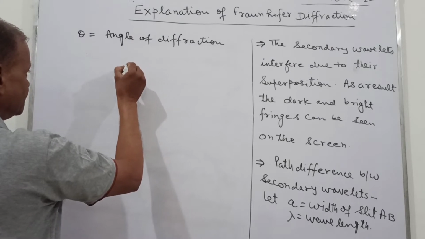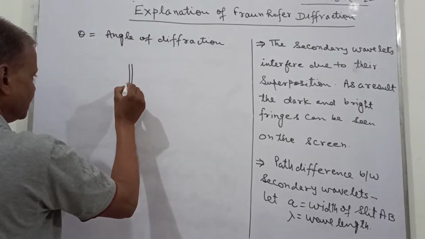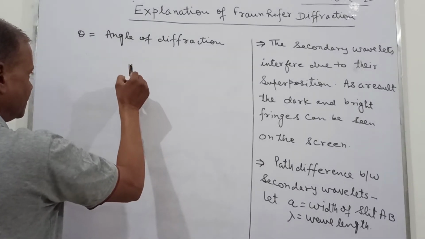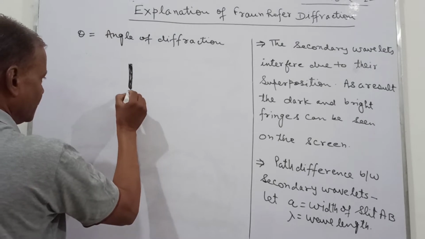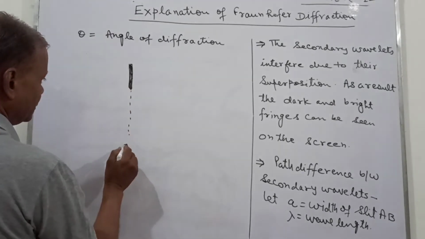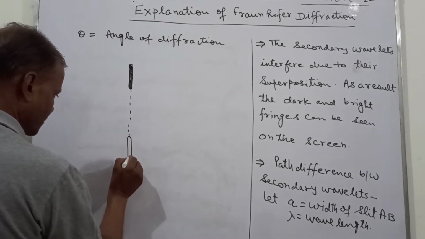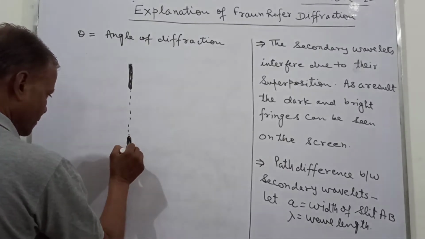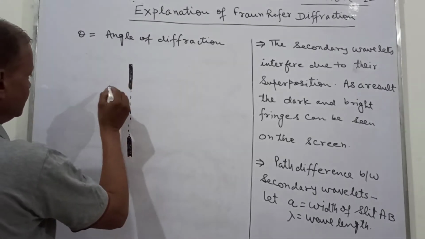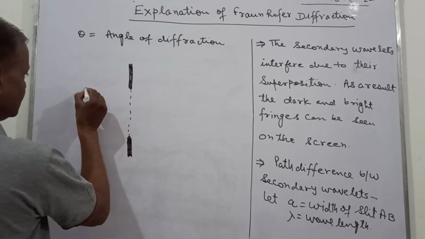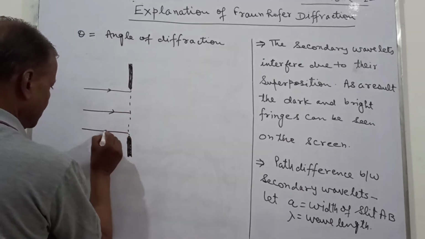This is the slit AB, and these are the incident light rays.